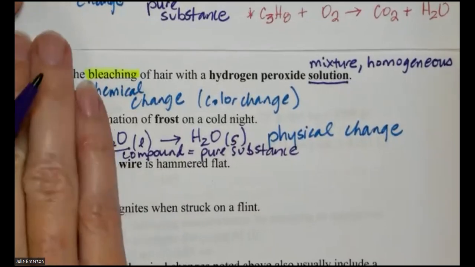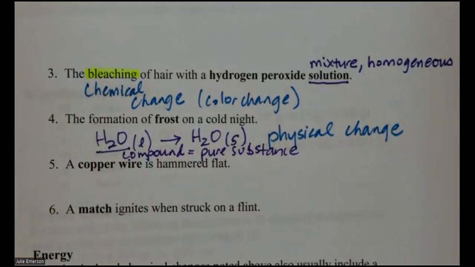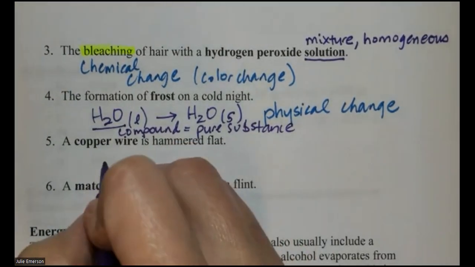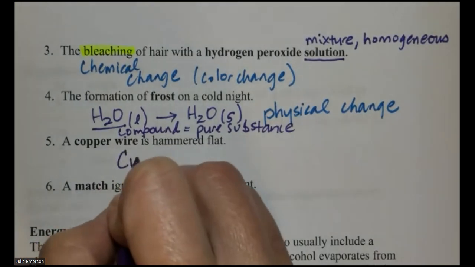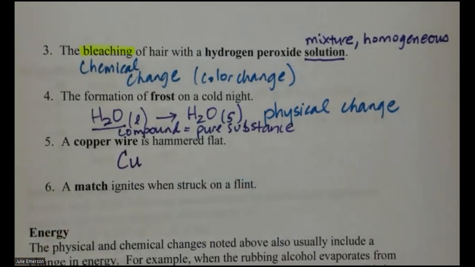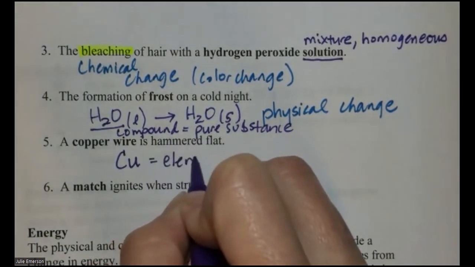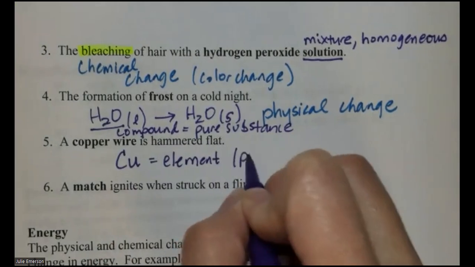Two more. Okay. Next one is, it says we've got a copper wire that is hammered flat. All right. So copper, from cuprum, the original name, symbol is Cu. That we know is singular. So that is an element, which again makes it a pure substance.